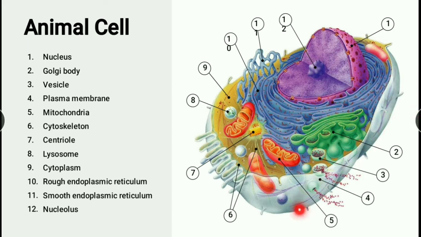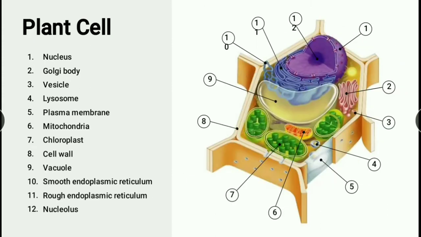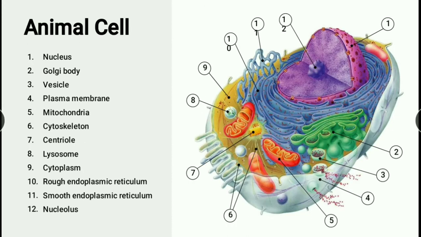No, there is no chloroplast or chlorophyll in the animal cell, because we are not going to prepare our own food. But in the plant cell you can see an organelle called chloroplast. See, the 7th one, chloroplast. Inside the chloroplast there is chlorophyll pigment that helps to trap sunlight and helps in the process of photosynthesis to prepare its own food. So this is one more difference.